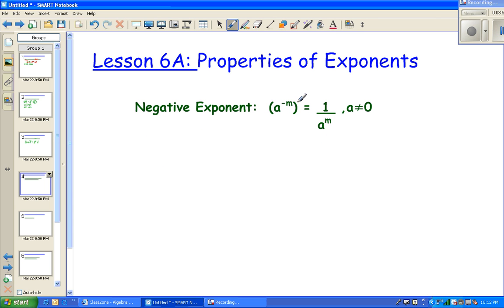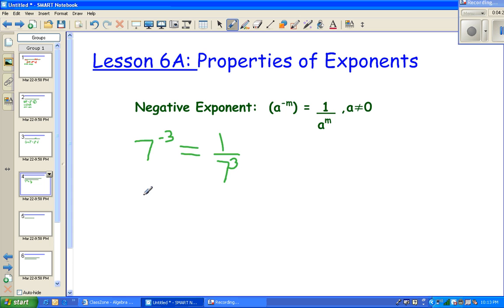Negative exponents, you need to remember that if you see a negative exponent in the numerator, then whatever's being raised to the negative exponent would drop down. So if I have 7 to the negative 3 power, then that's going to be 1 over 7 to the positive 3 power. Now the reason that number can't be 0 is you're not allowed to have a 0 in the denominator.